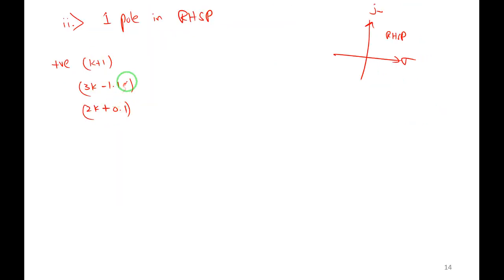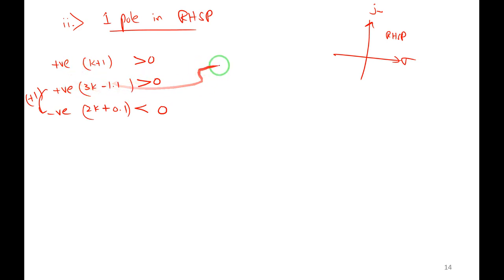Only one sign change should be there. The first one is always positive, so let me take this one also as positive, and this as negative. Positive means this is greater than 0, but this is less than 0. Then only the sign will change. The number of sign changes is 1, which means one pole is lying in the right half of the S plane.